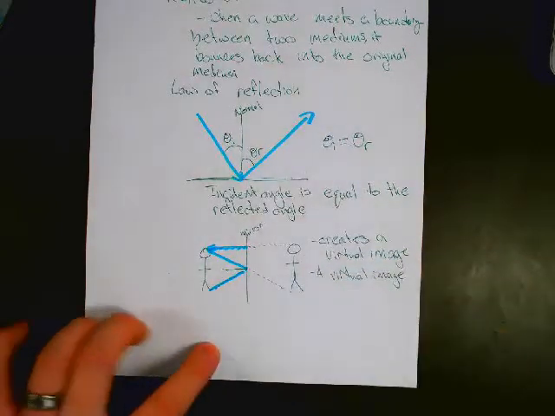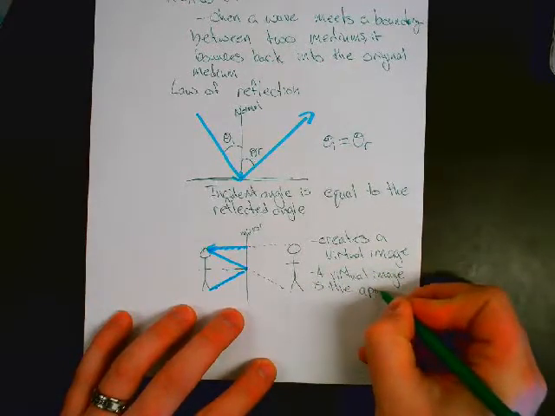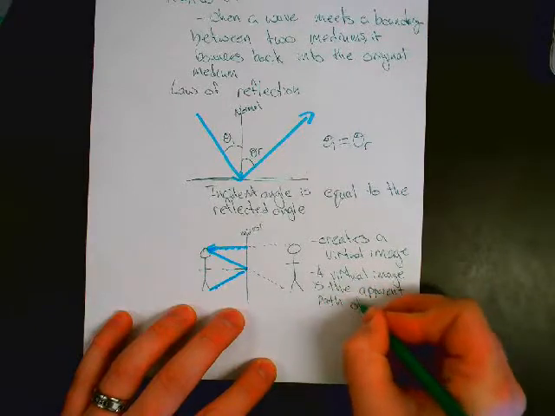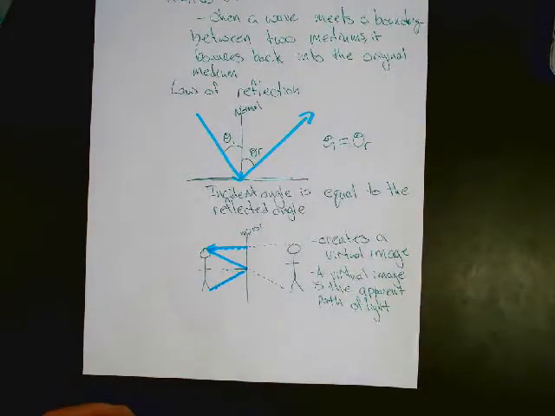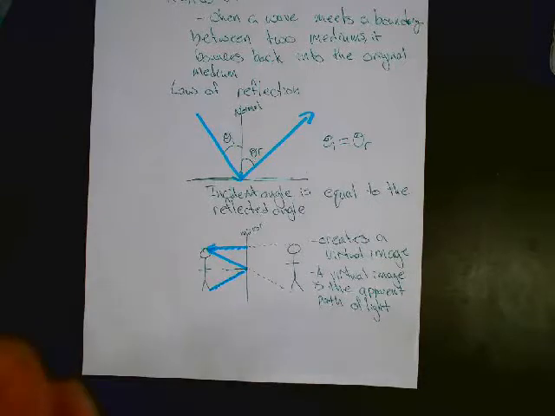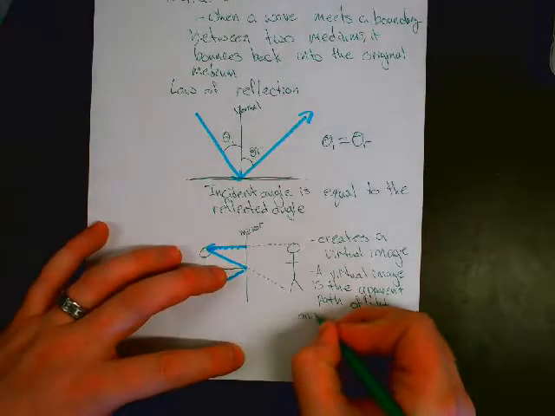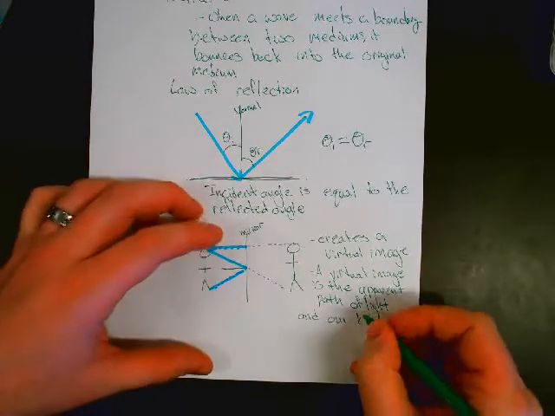So a virtual image is the apparent path of light, and our eyes, or our brains really, need additional cues to separate that from a regular image or from a source of light. It is largely, yeah.